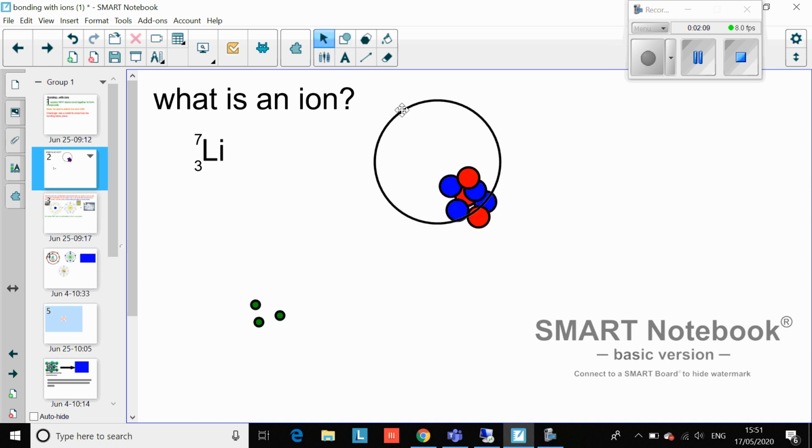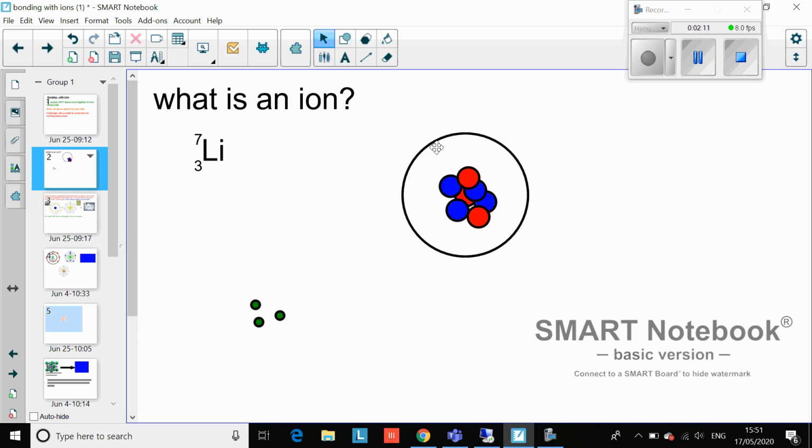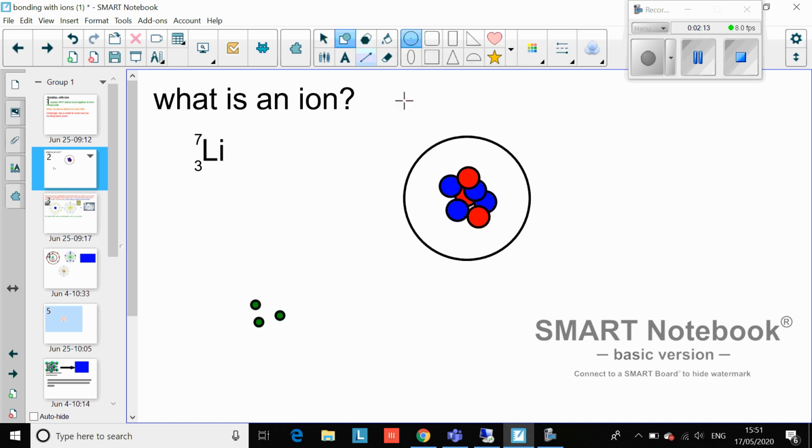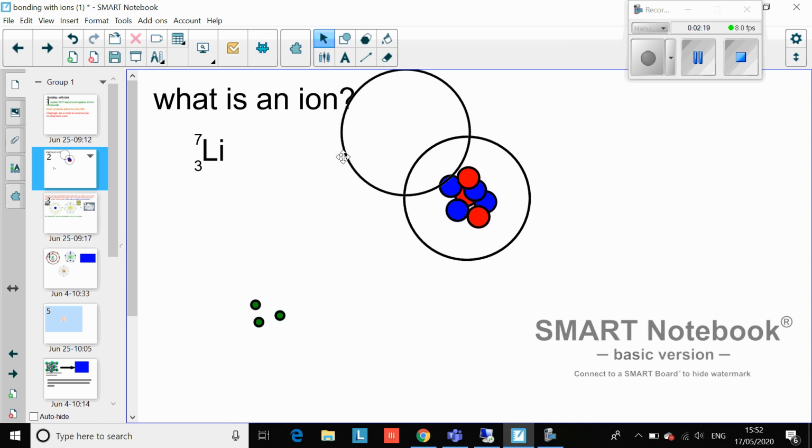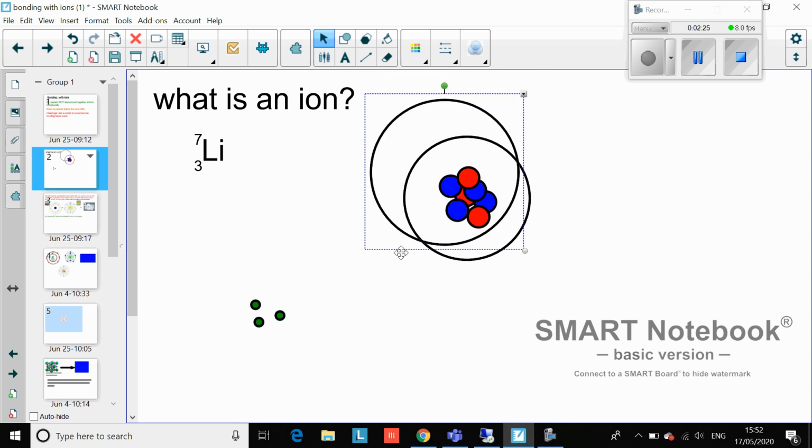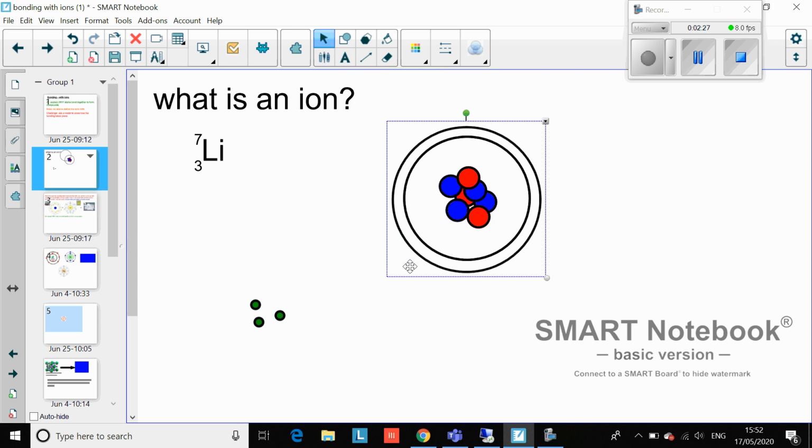And as you remember from last lesson, electrons are in orbit around the atom. So what we'll do is we'll draw those shells in. Let's just make those a fraction bigger so you can actually see it. There we go.